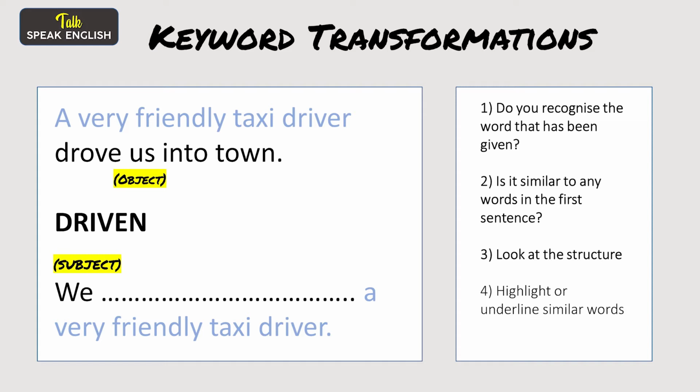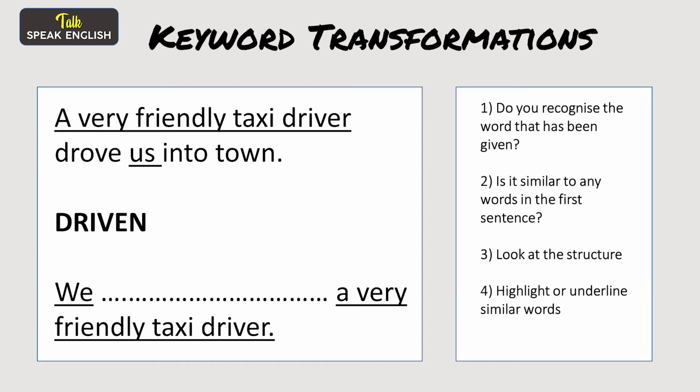Again, this is a big clue that it is an active to passive example. You'll notice as well that the actor of the verb, the person or thing that does the action, has changed position, with a very friendly taxi driver now at the end of the sentence in the second example. With these two clues, I'm confident that we're dealing with an active to passive exercise.